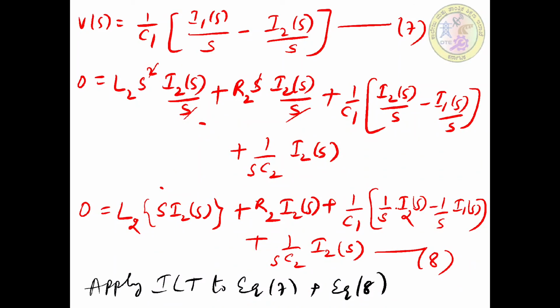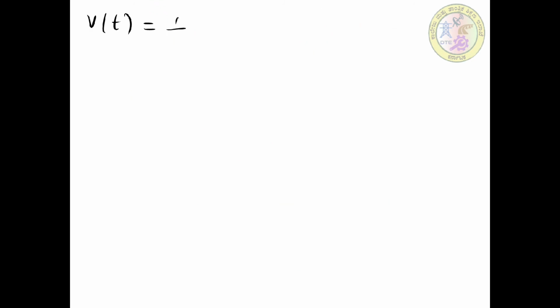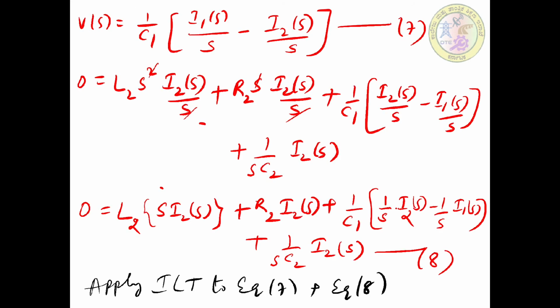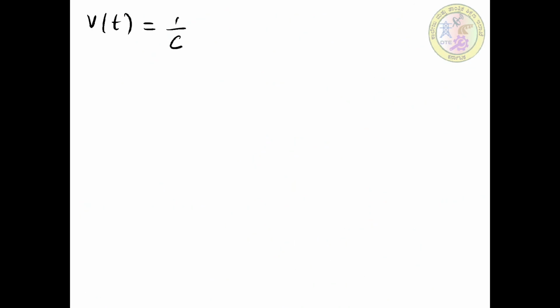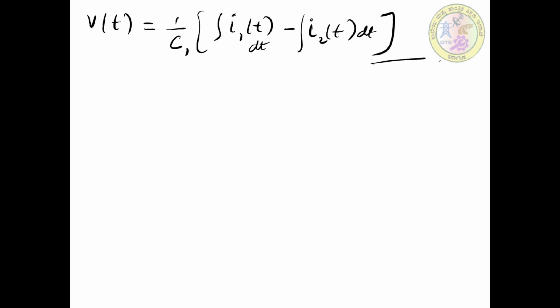Only thing is now I1 of S, I2 of S. So we have 1 by C1 into integral of I1 of t minus integral of I2 of t, so actually into dt you would write. So this is equation 9.